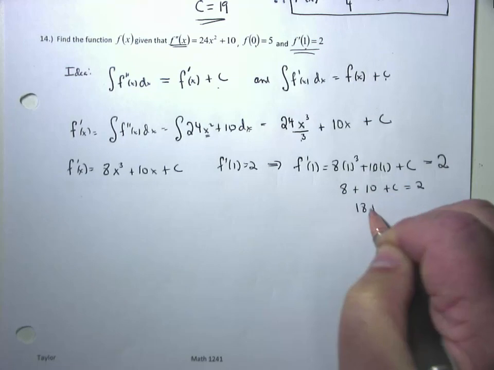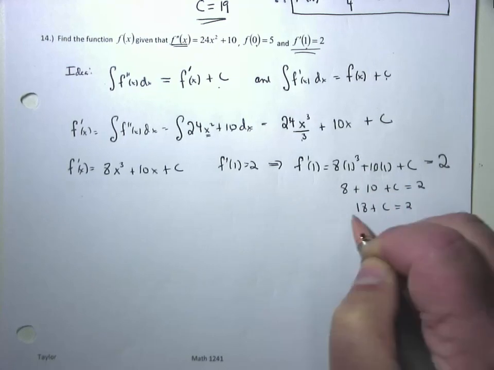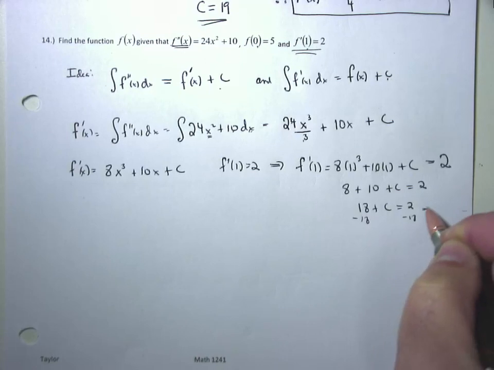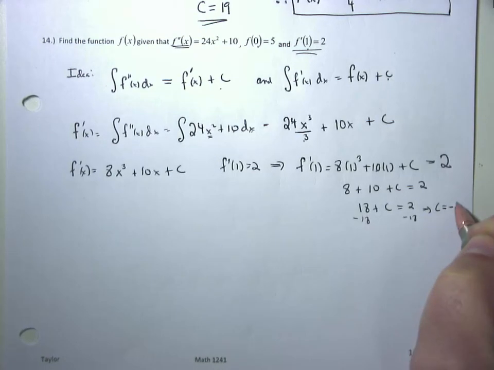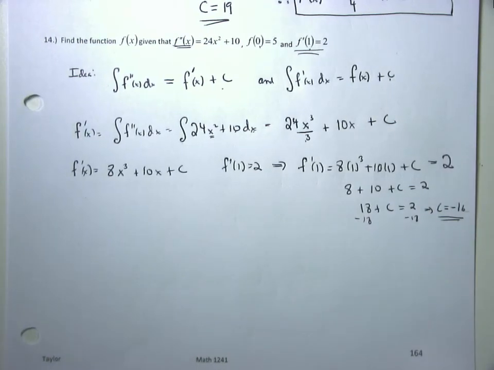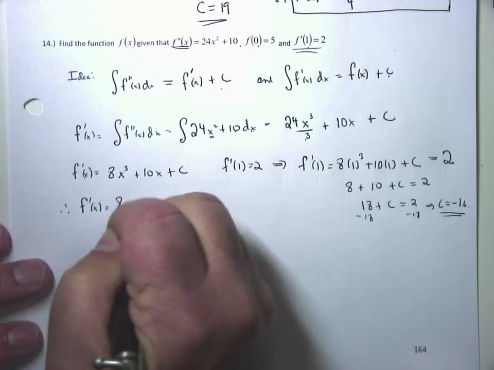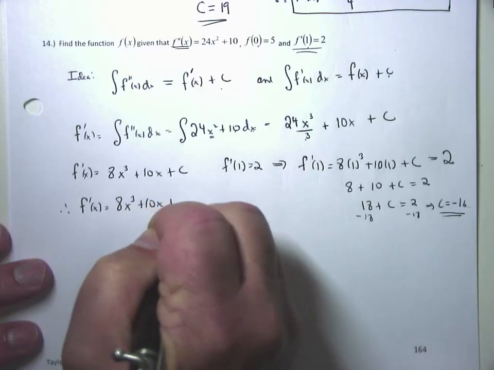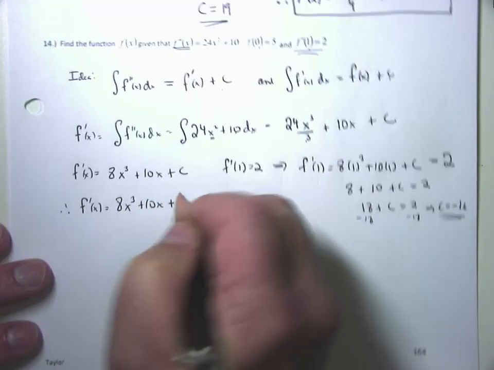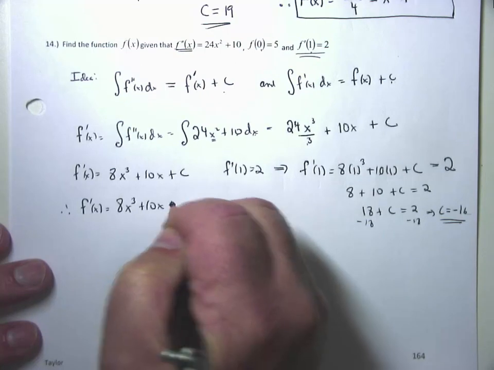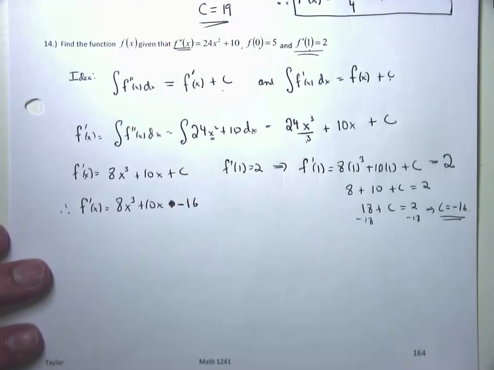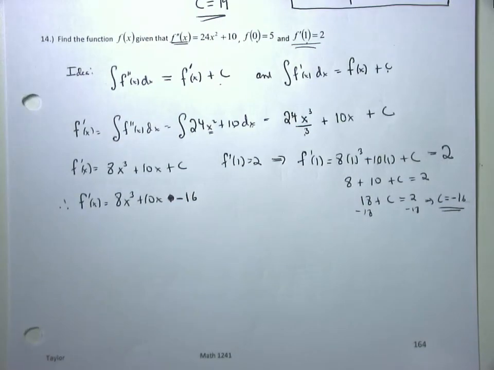This gives me 18 plus c equals 2. Subtract 18 from both sides, and I get c to be what? Negative 16. Therefore, f prime of x equals 8x cubed plus 10x plus c, but c is minus 16, so plus negative 16 is minus 16. Does that make sense?